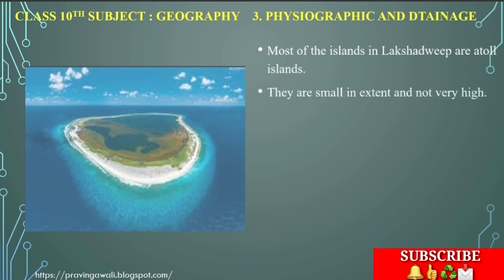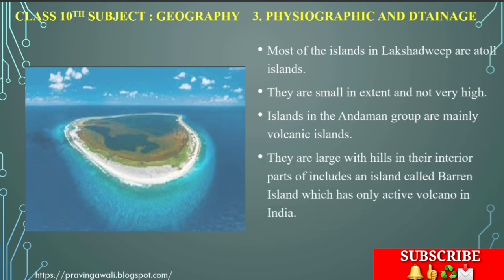They are small in extent and not very high. Islands in the Andaman group are mainly volcanic islands. They are large, with hills in their interior parts, and include an island called Barren Island, which has the only active volcano in India. There are atolls in the Nicobar group too.